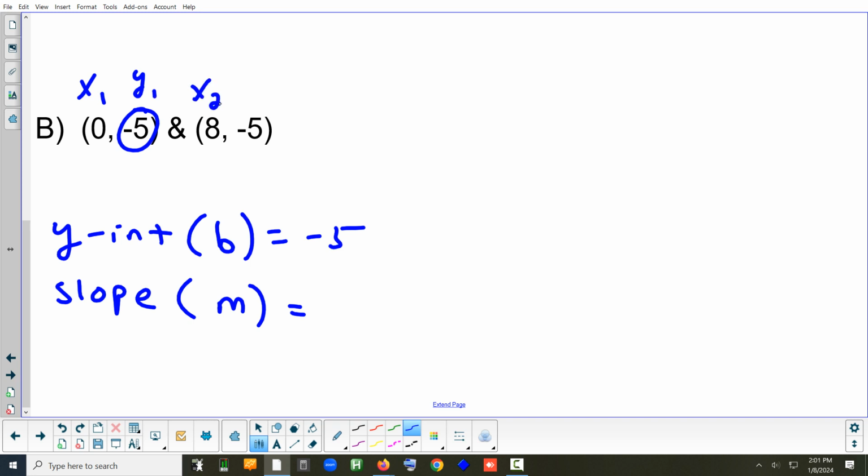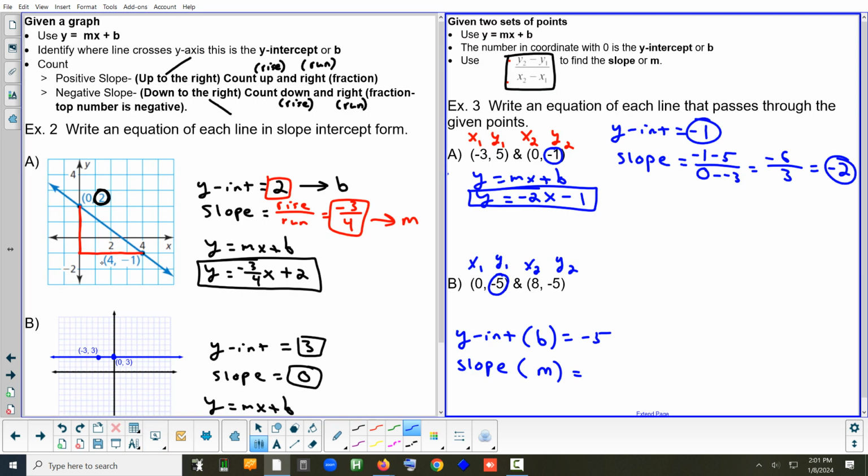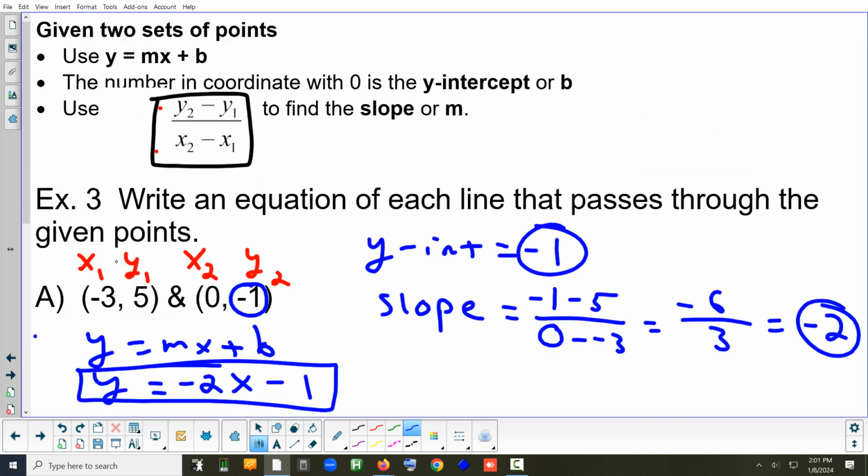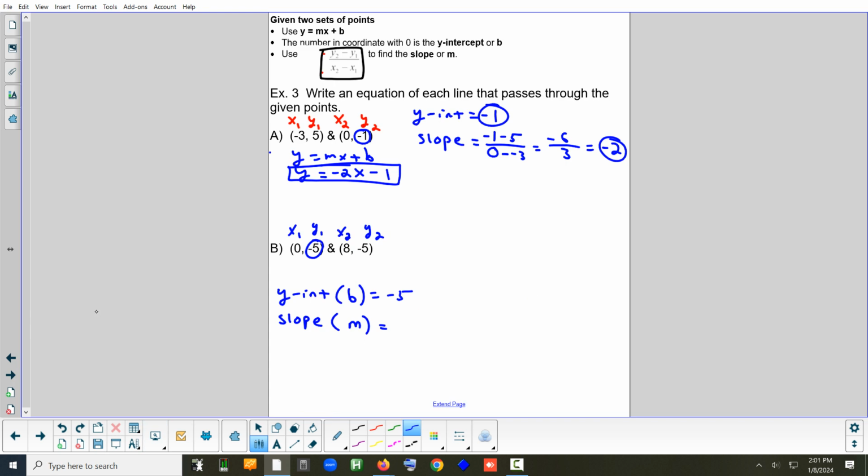And someone else the -5? Y2. Perfect. Actually, I can just zoom out so we can see both. Fill them into that formula that's right up there. Okay. So start with y2. What's y2? -5. Minus. What's y1? -5 again. So y2 minus y1. And then Eli, what's going to go in the bottom?